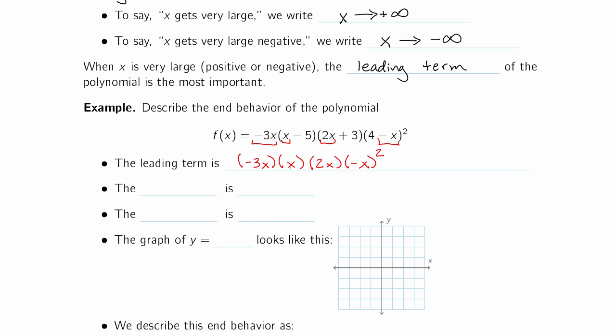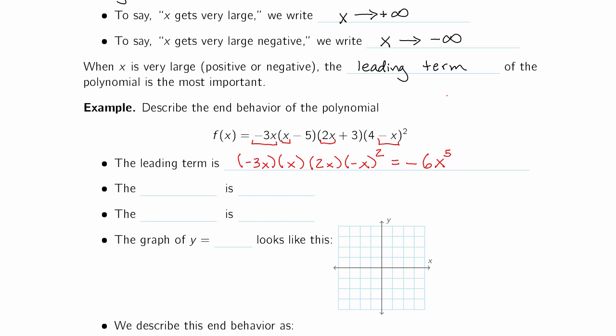So let's see. We have 1, 2, 3 negative signs, so our result's going to be negative. We have 3 times 2 as our only numbers. That's a 6. And then we have 1, 2, 3, 4, 5 x's. So it's negative 6 x to the 5th.